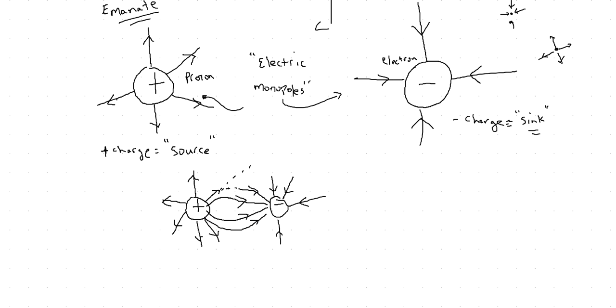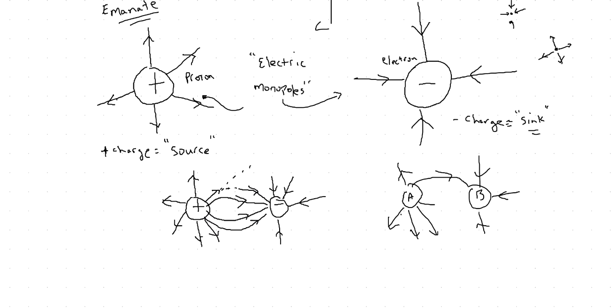Okay, on the TEAS exam, on the nursing exam, if you had a charge like this and they called it A, and they had a charge like this and they called it B, and the lines were coming out, you see the arrows. When you see the arrows coming out, you know it's a positive, and if you see the arrows going in, you know it's a negative, right? And then you see lines like this.